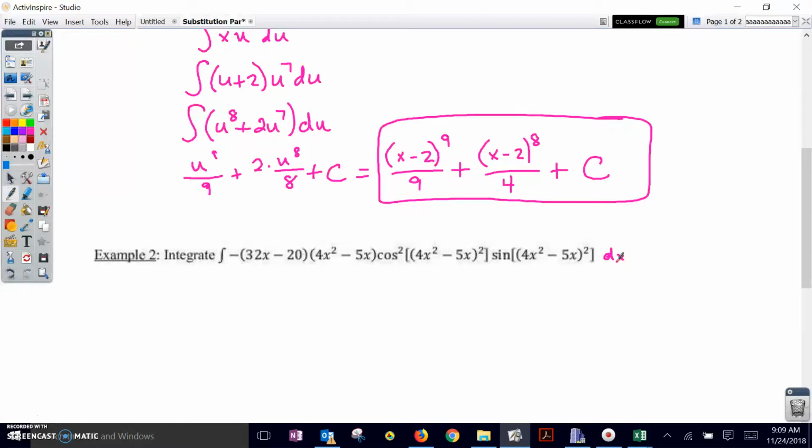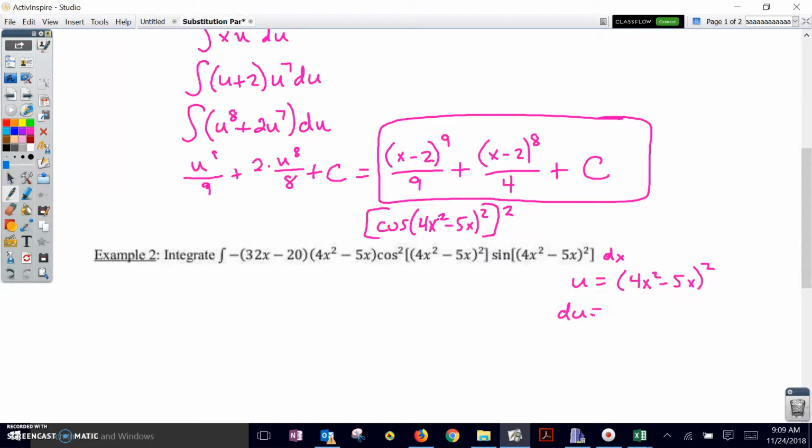The way we want to think about this is that it's the cosine of the quantity 4x squared minus 5x, quantity squared, that whole quantity squared. So I think I'm going to try as my substitution u equals the quantity 4x squared minus 5x, the quantity squared. And we'll see what happens when we do that.